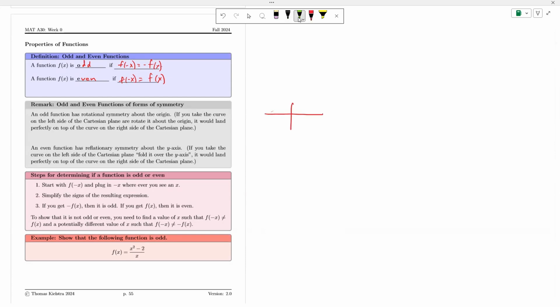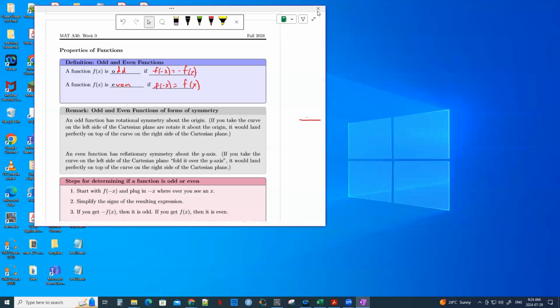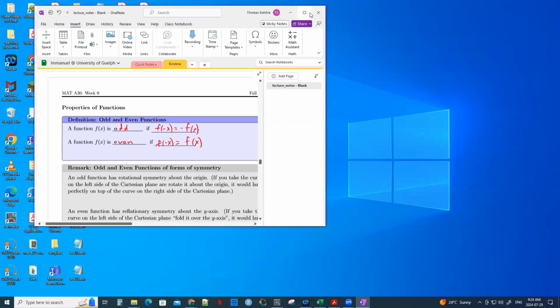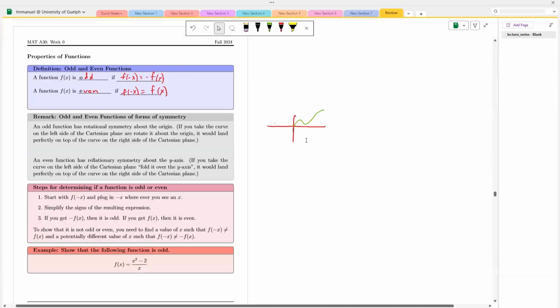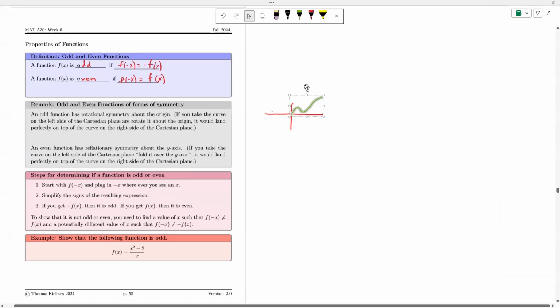Now, what is rotational symmetry? Rotational symmetry is if I take this curve, I select that curve, I copy it, paste it, and rotate it all the way around, and I paste it there.